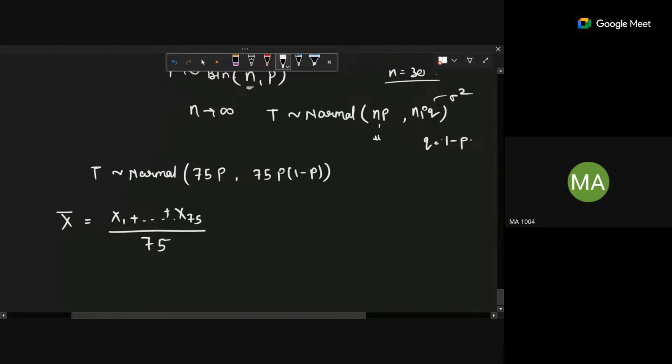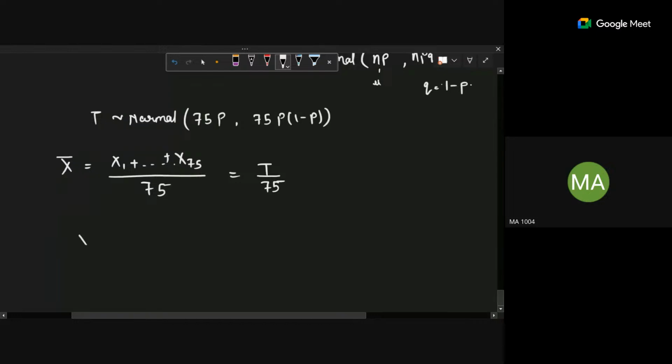Which distribution should it follow? If T is following this one, and x bar is actually T by 75, then what should x bar follow? Distribution of x bar? Normal. Will there be any change in the mean and variance? Yeah, mu and sigma square by n.